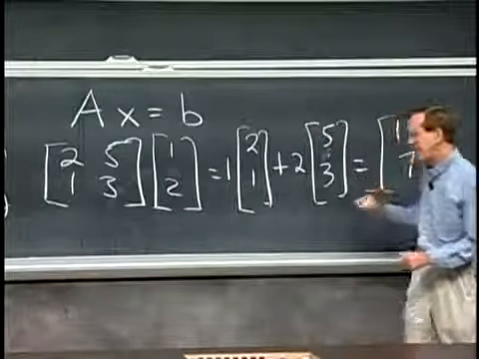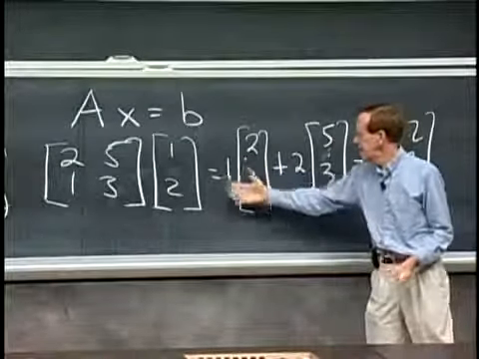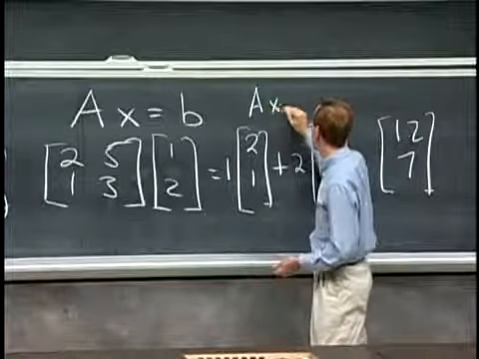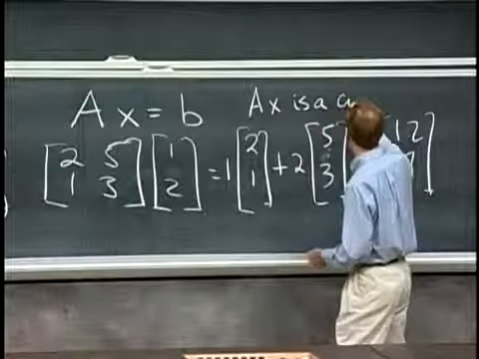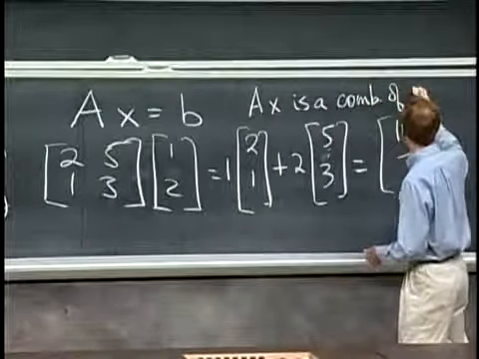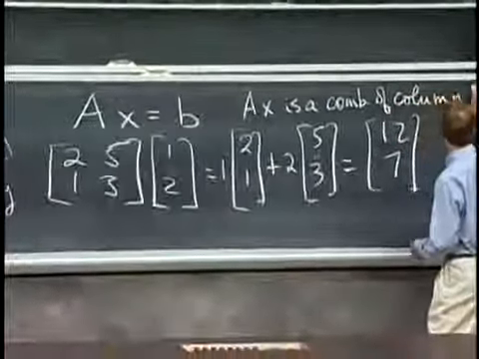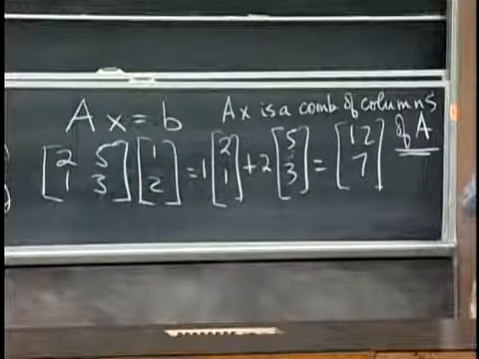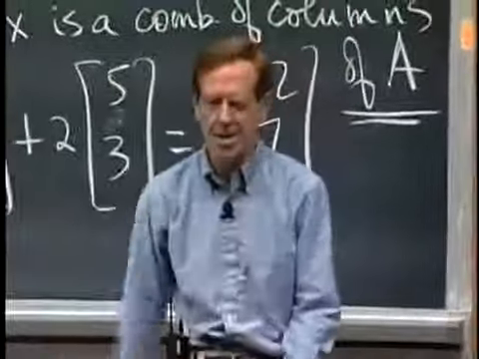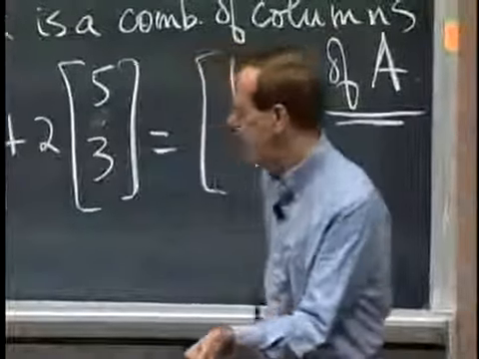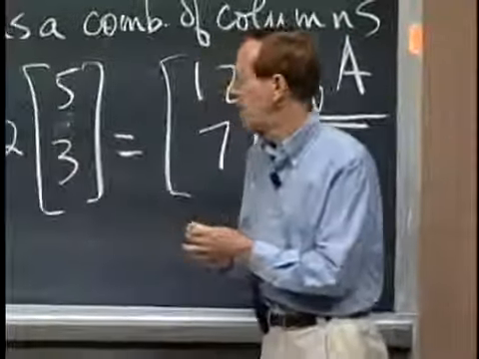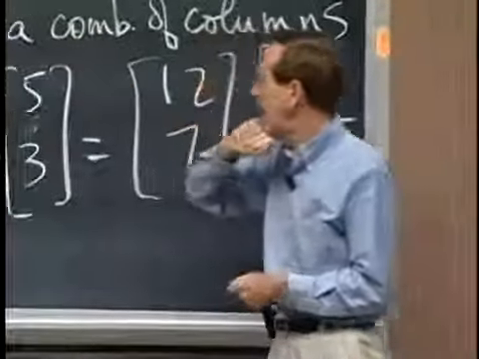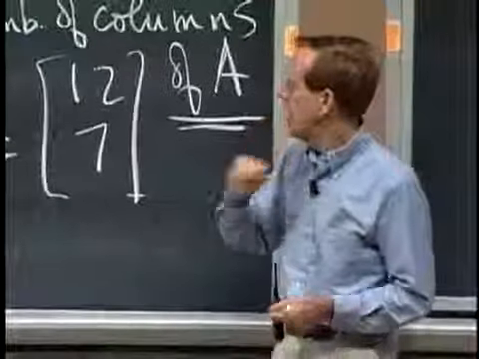But I also like to see it by columns. I see this as a linear combination of the columns. So here's my point. A times x is a combination of the columns of A. That's how I hope you'll think of A times x when we need it. Right now, with small ones, we can always do it in different ways, but later think of it that way.